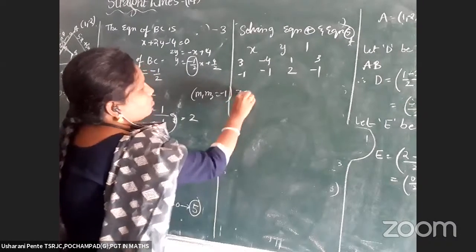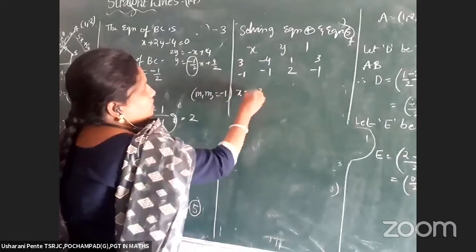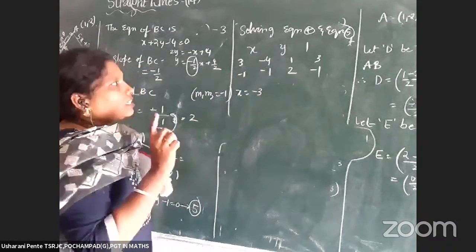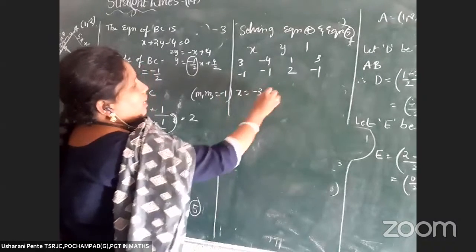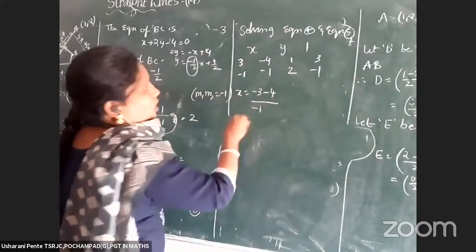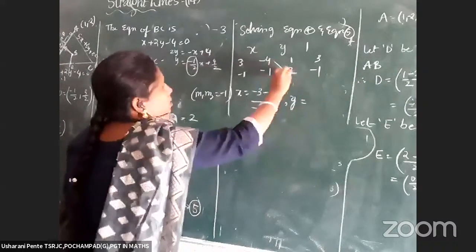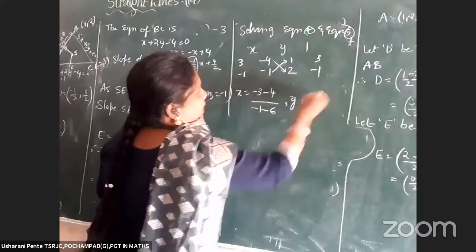Then x is equal to 3 times minus 1 is minus 3. Minus of minus will become plus 1 times 4, but we have minus 4 by 1 time of minus 1. That is minus 1 minus 6. y is equal to how much? So this one, minus 4 into 2 is minus 8.